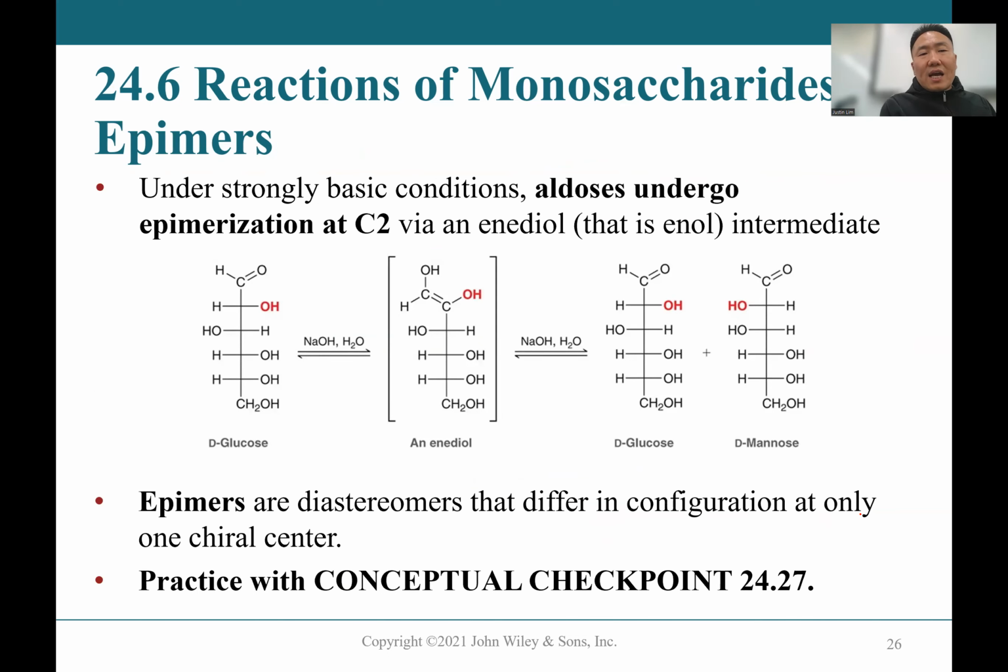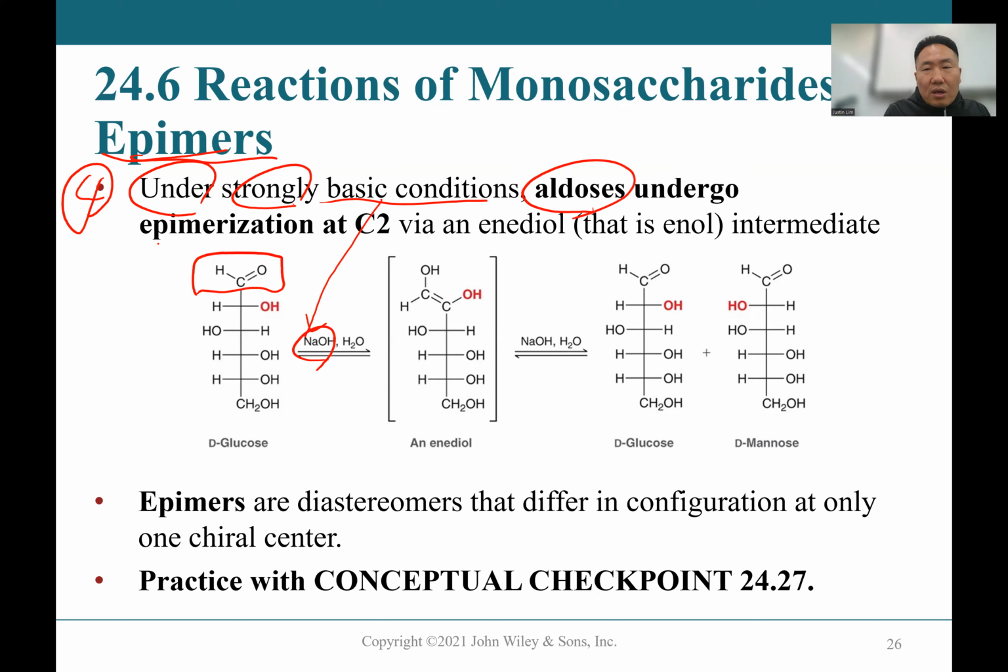The reaction of the monosaccharide number 4, epimers, under strongly basic condition. For example, when you use a strong base, NaOH, aldose undergoes epimerization at C2, C1, C2 here, via an enediol intermediate. So the base deprotonates this proton and rearrangement, you can get the enediol.